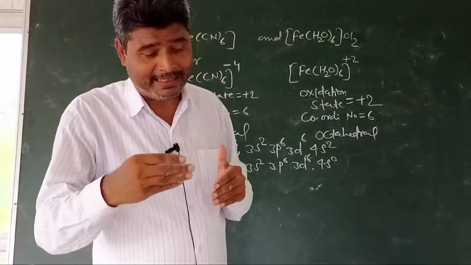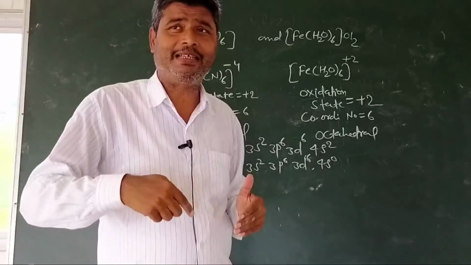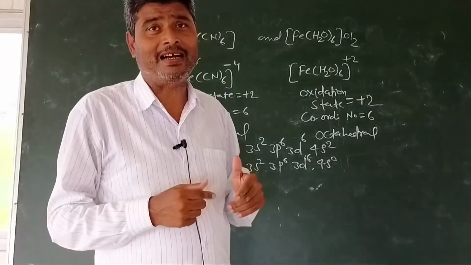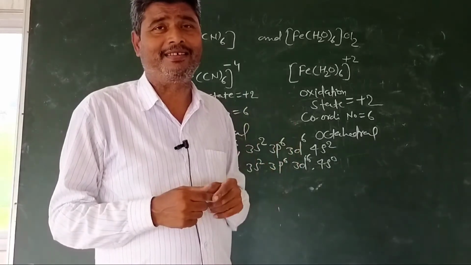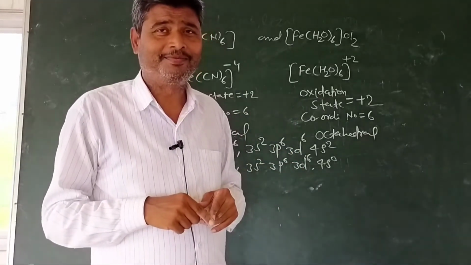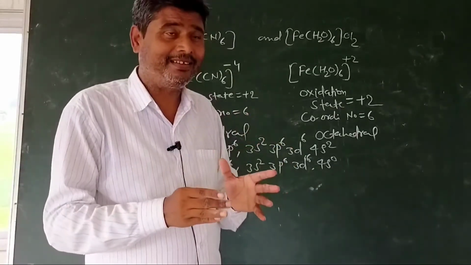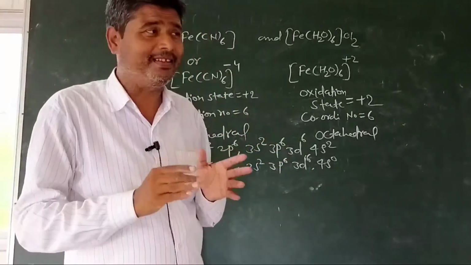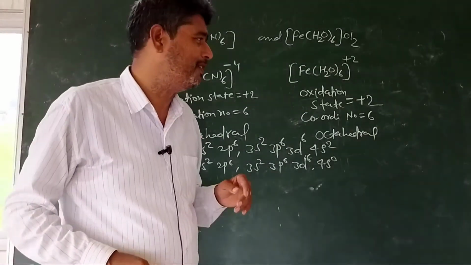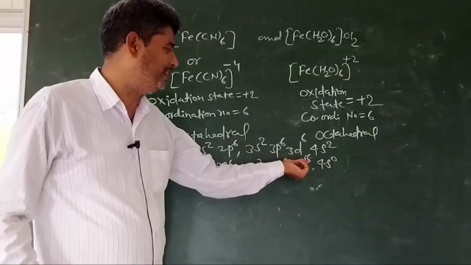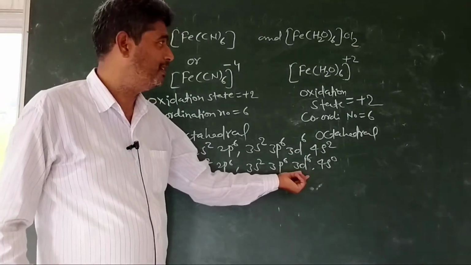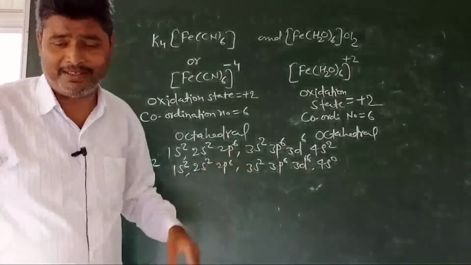Electrons of the T2g set stabilize the complex and electrons of the Eg set destabilize the complex. This sense is used here. So now I am going to represent the 6 d electrons in CFT for the octahedral complex.